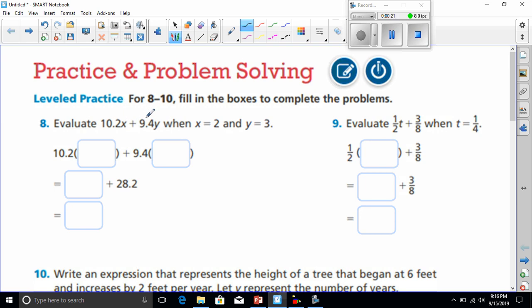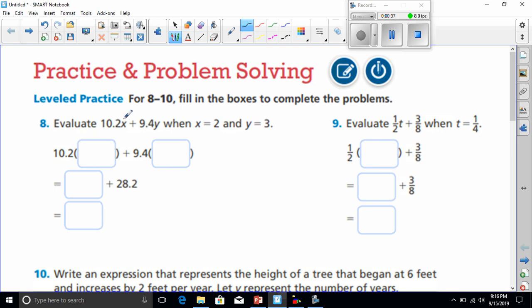10.2x plus 9.4y. Remember these x's and y's, these variables as we call them, they just represent some number that we don't know yet. In this case, they tell us what the number is. They say that x is 2 and y is 3.